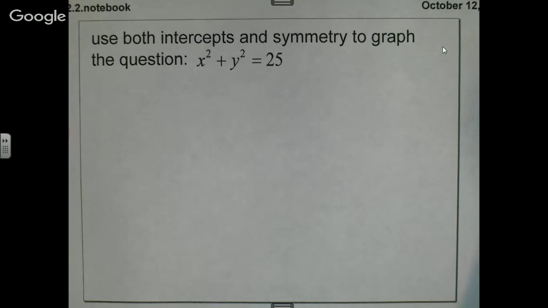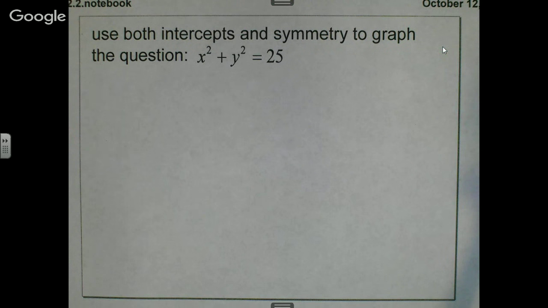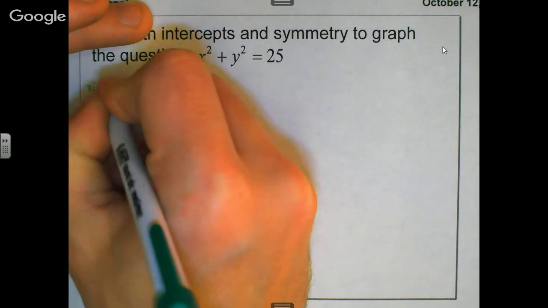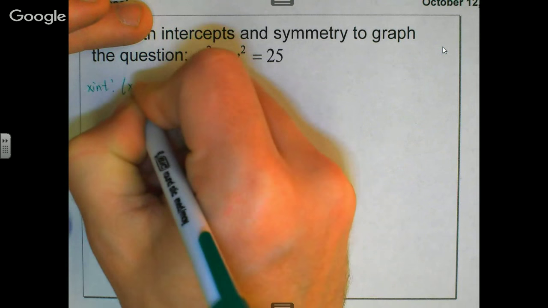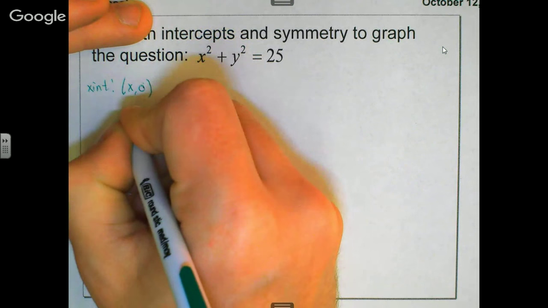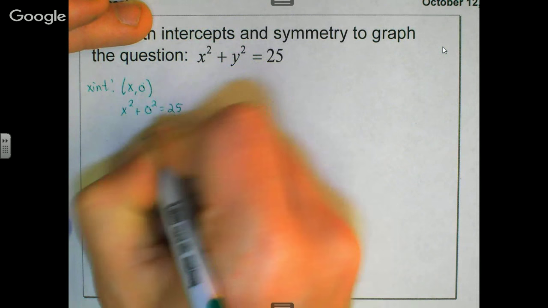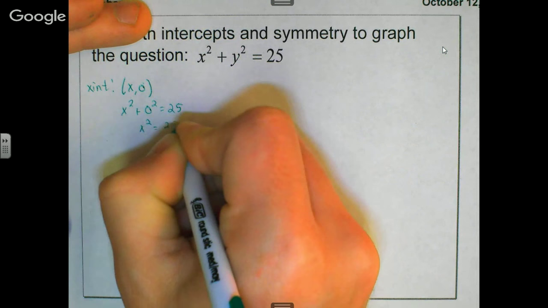Okay, use both intercepts and symmetry to graph the equation. So this is an equation you've probably never seen before. Okay, so let's look here at the x-intercepts. So that's x comma 0. So that's x squared plus 0 squared equals 25. X squared is 25.